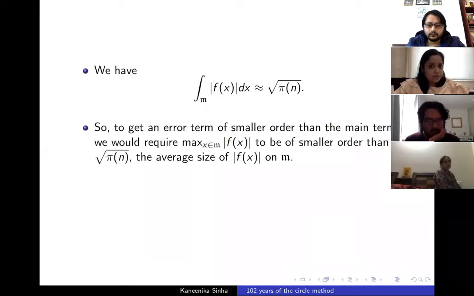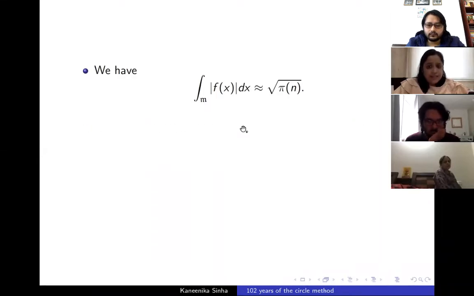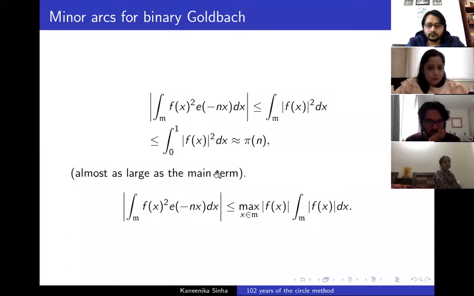So what we want to do is show that this quantity at the bottom is of an order smaller than pi of n. What we know is that the average value here is square root of pi of n. So we would like to have a bound for the maximum value of absolute f to be much smaller than square root of pi of n for this method to work.